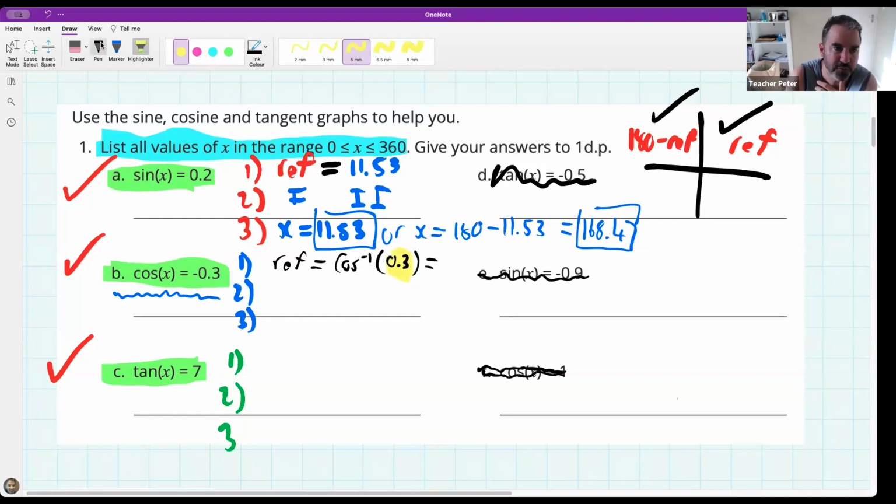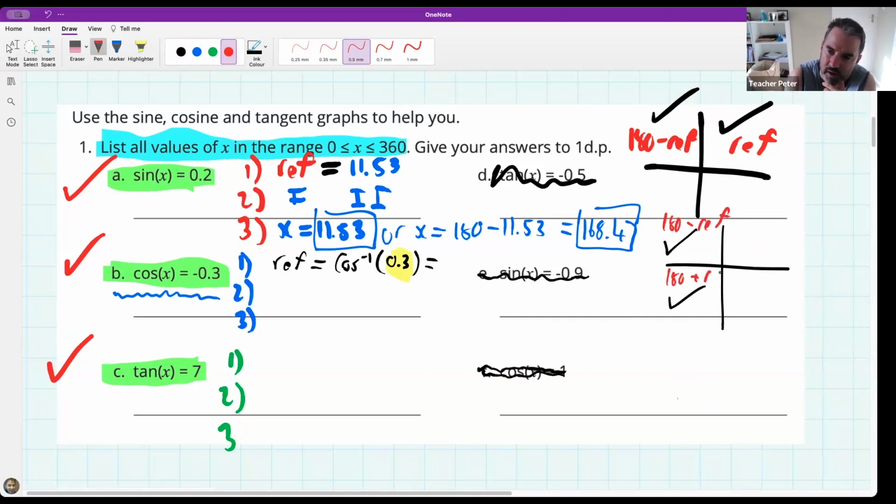So what do I get for my reference angle for this one? Yes, Nicole, there's a negative, exactly. I see Viwe also noticed that. So we know that the answers for B are going to be in the 2nd and 3rd quadrants, and they're going to have the form 180 minus the reference angle, or 180 plus the reference angle.